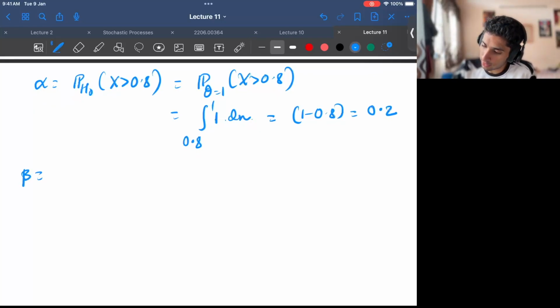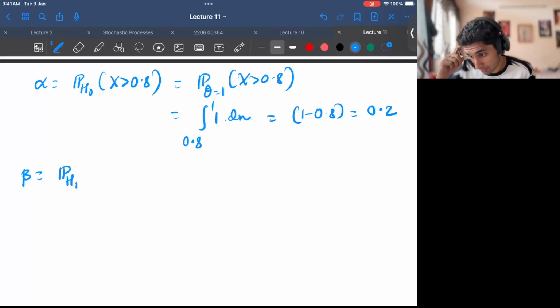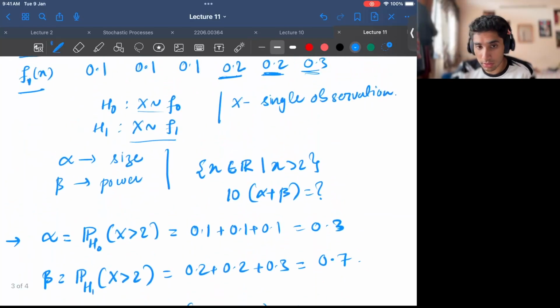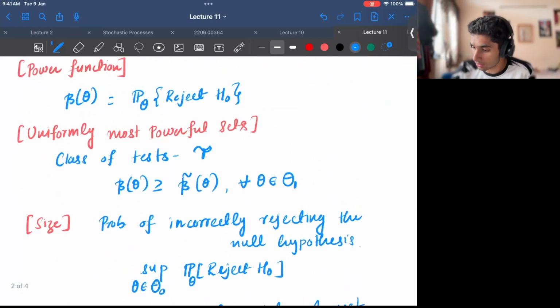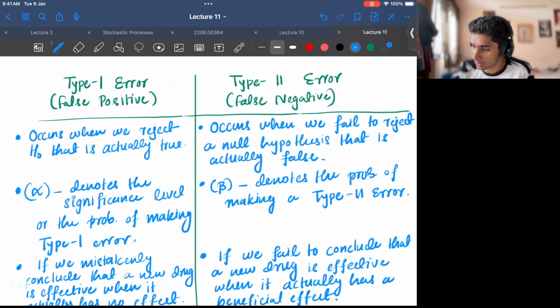Similarly, what is the value of beta? It's the probability under H1 of... okay, so this is type 2 error, right? So what was type 2 error? Just recall the definition.